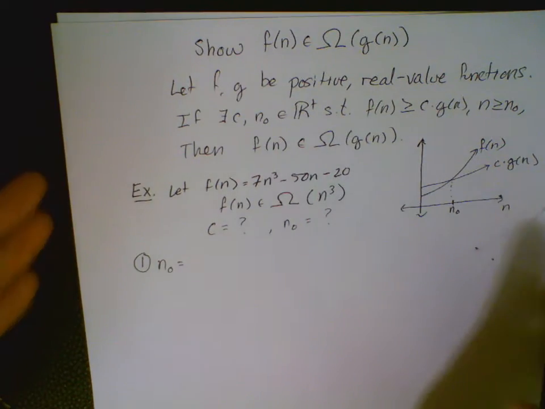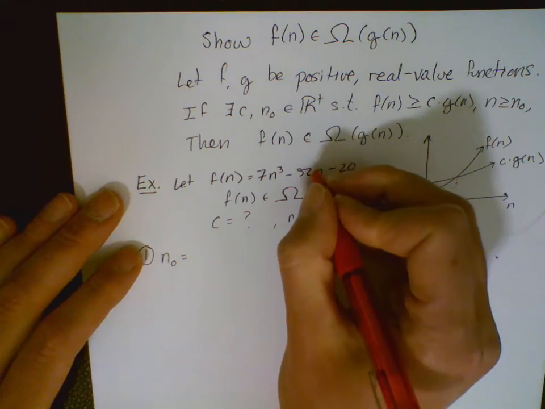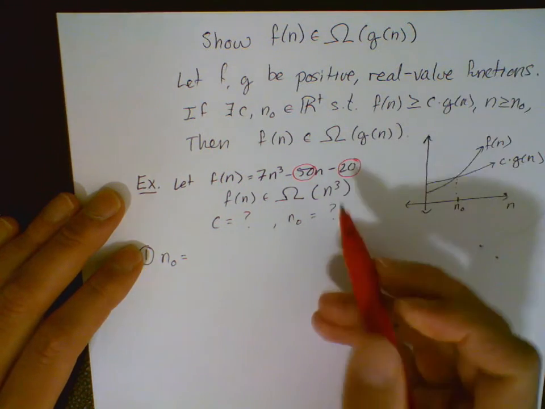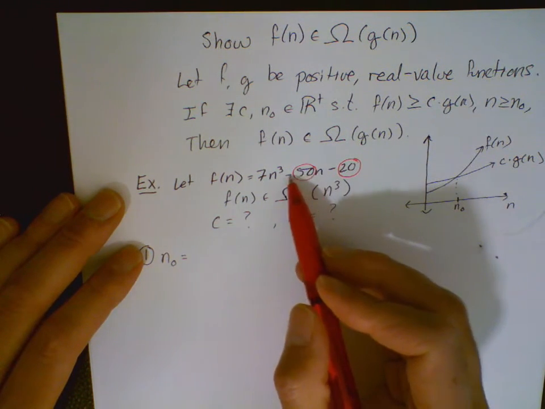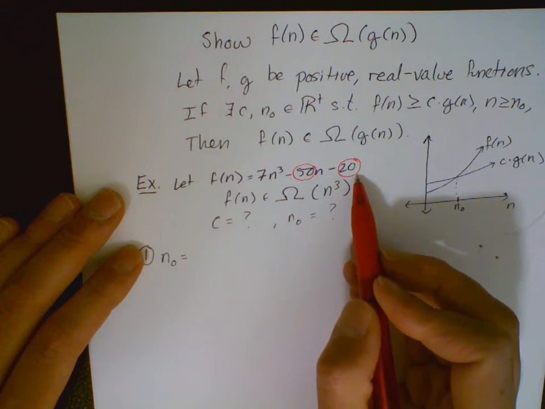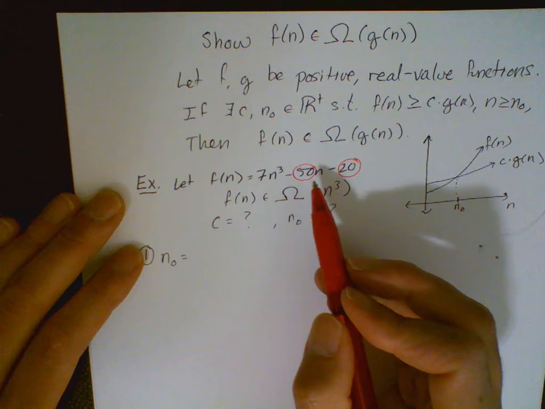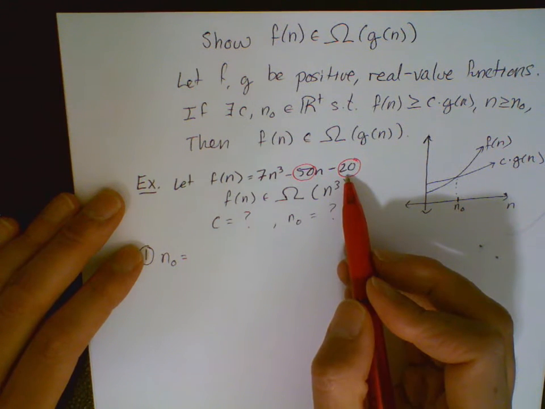I'm going to take the coefficients on the non-leading terms in f of n. Our non-leading terms are negative 50n and negative 20. I'm going to take those coefficients, negative 50 and negative 20, and make them positive.